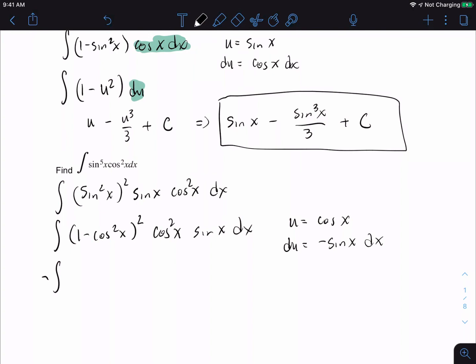So then I'm going to get the minus from here, and then I'm going to go 1 minus u squared, u squared, and then this will become du. Do we agree? Yes. Okay.